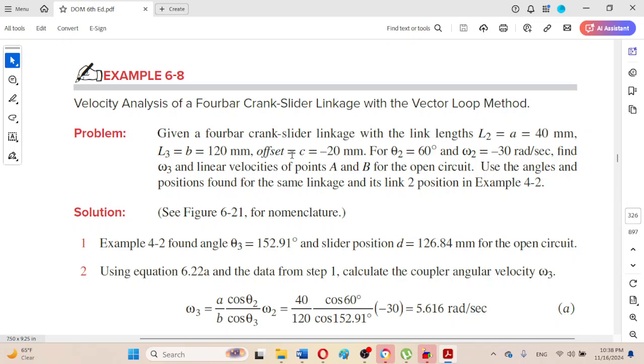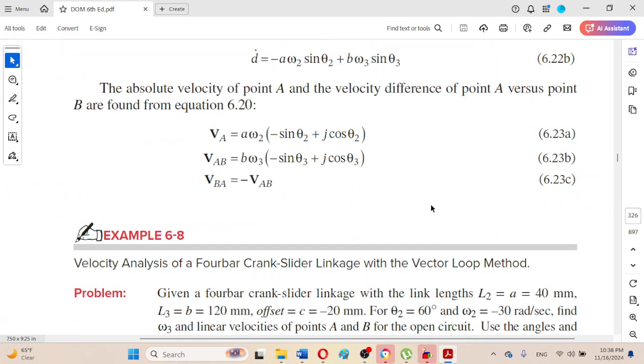Offset is denoted by small letter C, which is actually the perpendicular distance to the offset slider axis here.